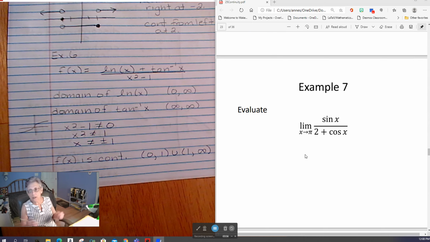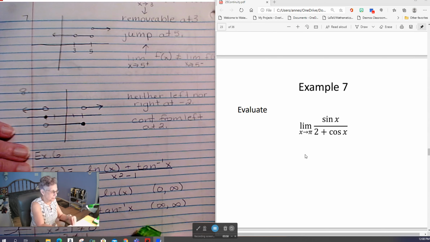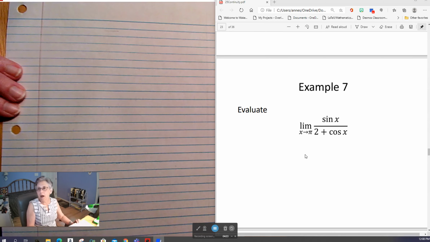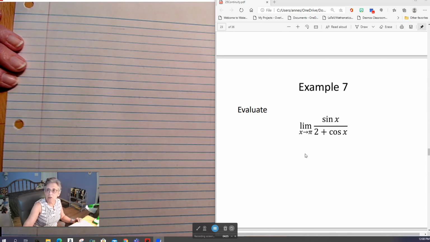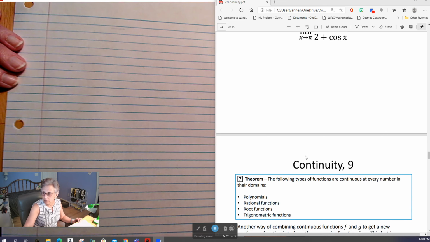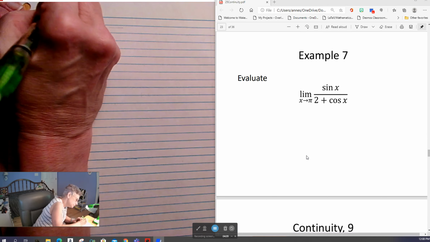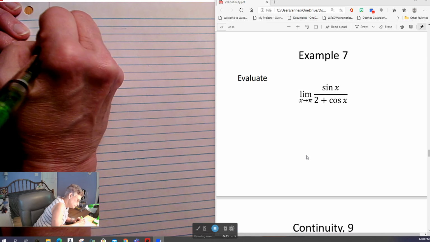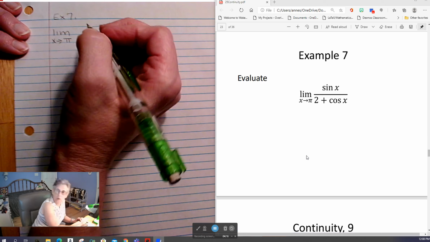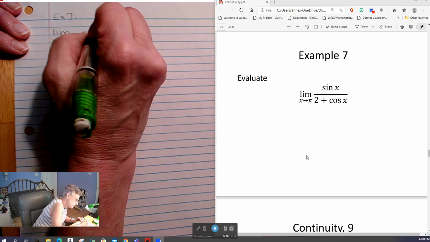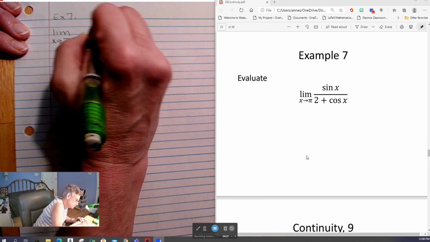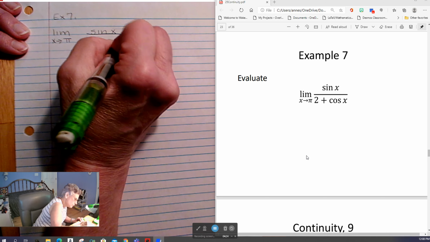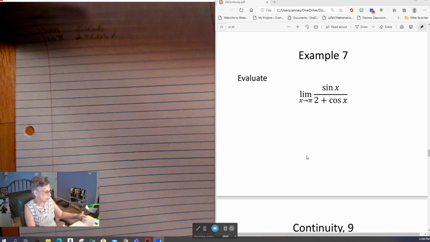Now continuity allows us to calculate some more limits. So let's look at the limit as x approaches pi of sine of x over 2 plus the cosine of x.